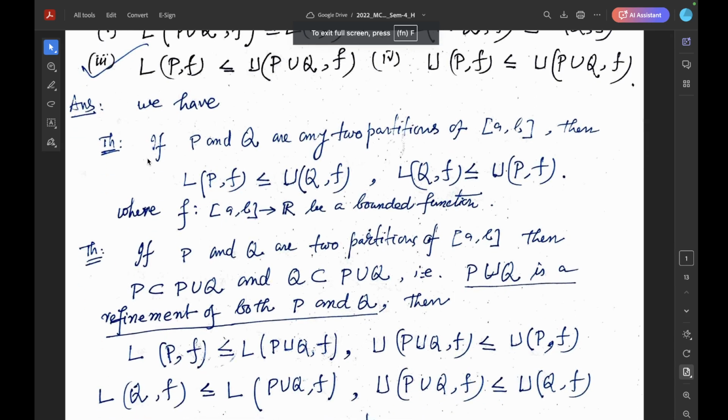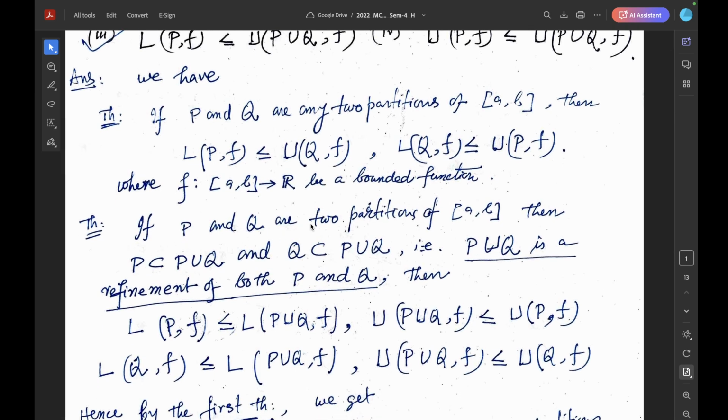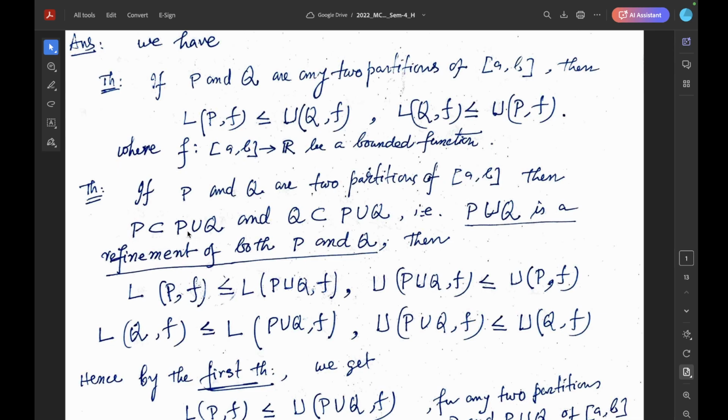Now we know that if P and Q are any two partitions of the closed interval [a,b], then L(P,f) is less than or equal to U(Q,f) and L(Q,f) is less than or equal to U(P,f), where f maps from the closed interval [a,b] to R and is a bounded function. And the next theorem: if P and Q are two partitions of [a,b], then P is a subset of P∪Q and Q is a subset of P∪Q.